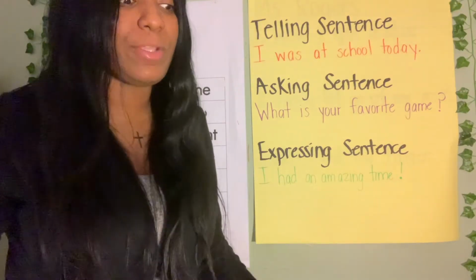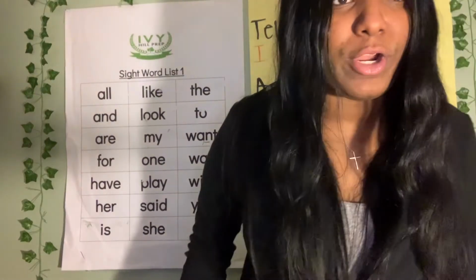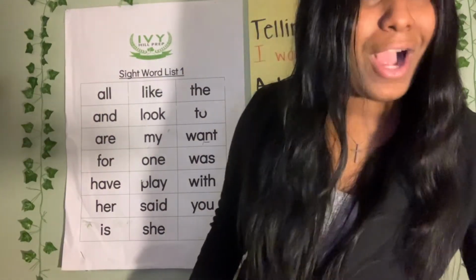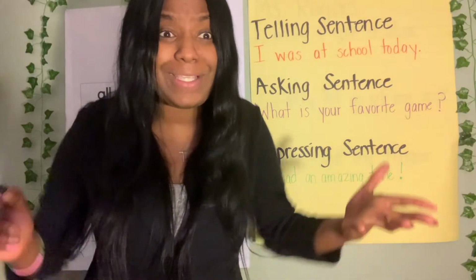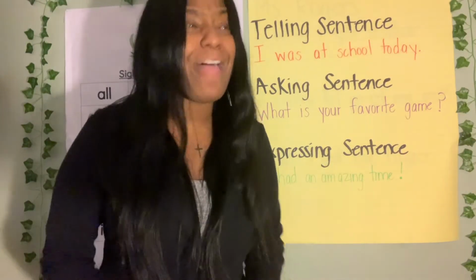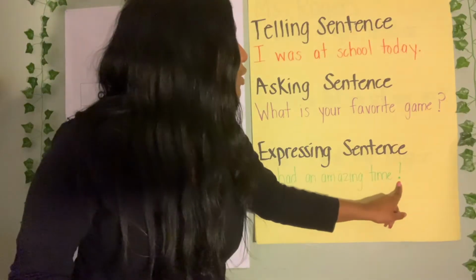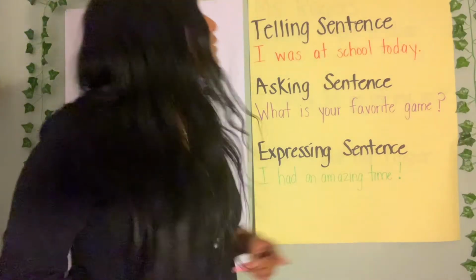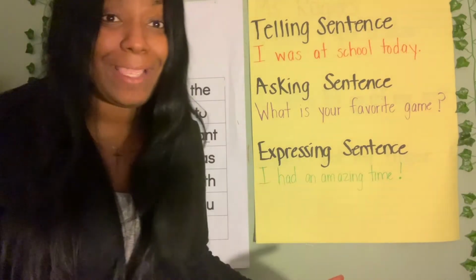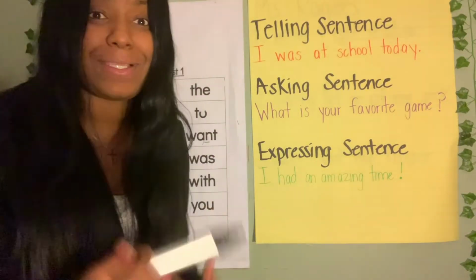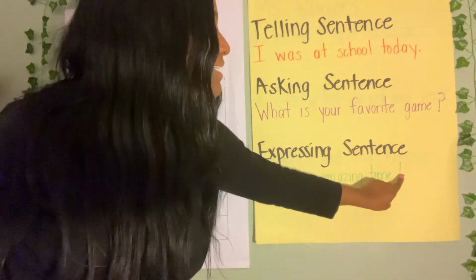When you want to tell Miss Rogers something that's so important to you, let's say you're so excited. Miss Rogers, I'm so excited, right? I had the best day ever! We're going to use an exclamation point, okay? The sentence Miss Rogers wrote here was, I had an amazing time! I want people to know that I'm excited, so I'm going to use that exclamation point.